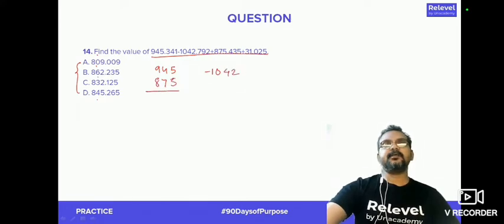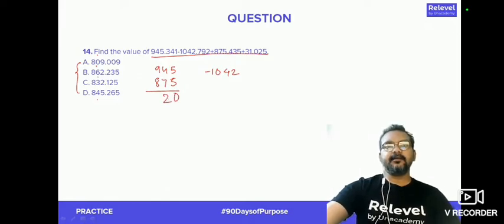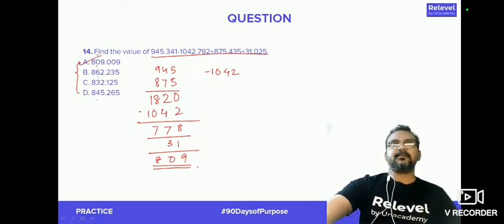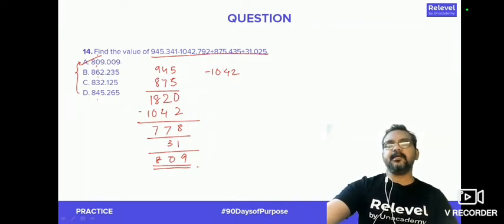So 875 and 945, if I add, is 1820, minus 1042 would give us 778. With that we have to add 31. So that will give us 809 approximately. Closest option obviously we will mark. Because of the decimals, it doesn't make much of a difference. So it will still remain 809 approximately.